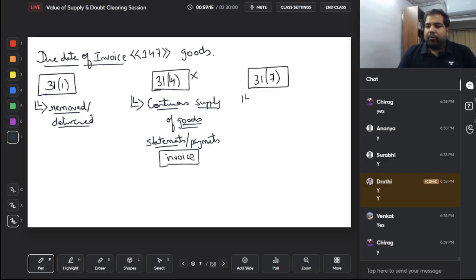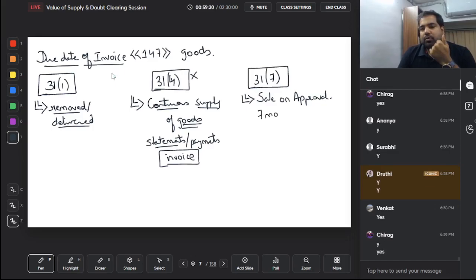And last, guys, you had a friend of yours who owned a mobile shop and you were confused which mobile to buy. So he said, don't worry, I know you, I will sell you on approval basis. So he sent 7 mobile phones to you on the 1st of Jan. And he told you choose any and keep any, and you chose one, guys.